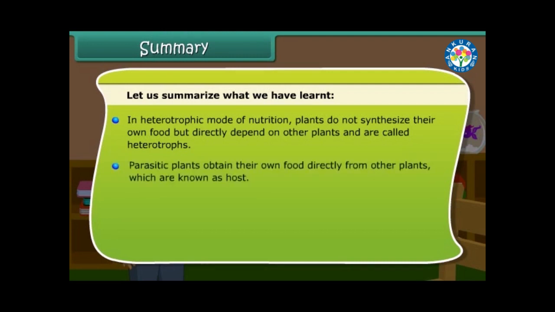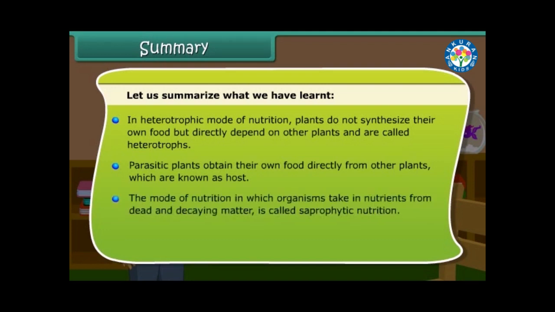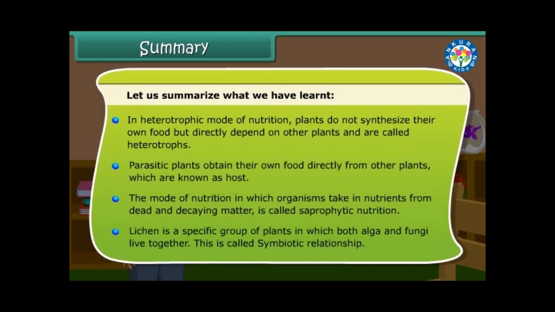Parasitic plants obtain their food directly from other plants, which are known as host. The mode of nutrition in which organisms take in nutrients from dead and decaying matter is called saprophytic nutrition. Lichen is a specific group of plants in which both algae and fungi live together.